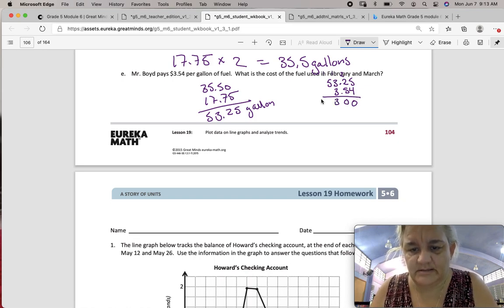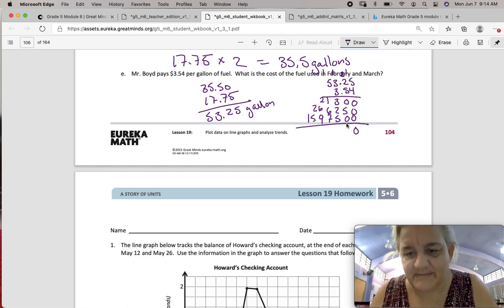Carry the 1. 21. Next is 25. Carry the 2. 12. Carry the 1. 16. Carry the 1. It's 26. Okay, 2 zeros. 15. Carry the 1. 7. 9. 15. Okay. There's where I messed up.